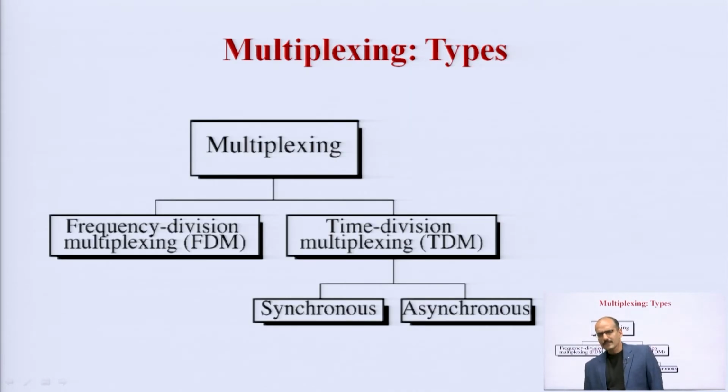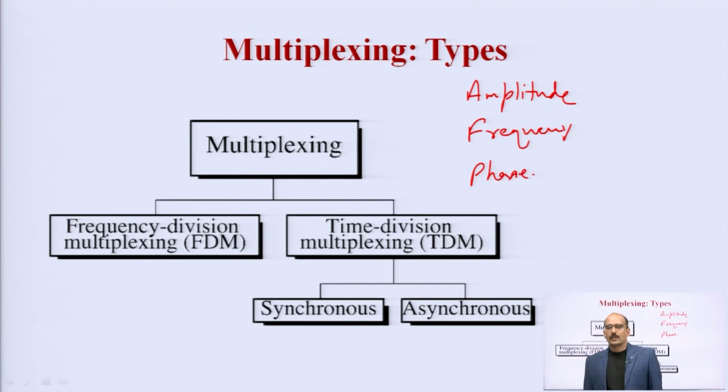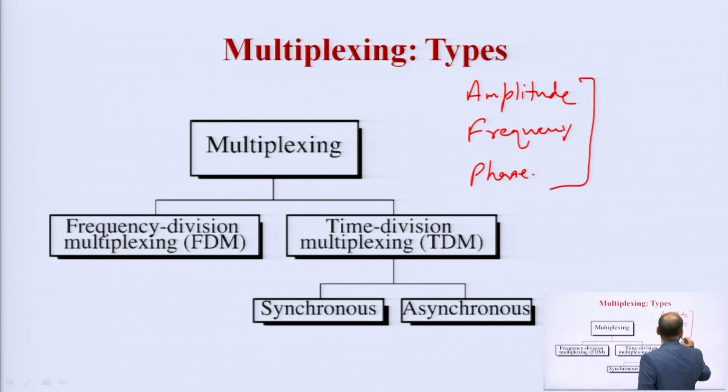Now, these are the types. When we are talking about a signal, any signal has three basic parameters: amplitude, frequency and phase. When we are talking about a channel, the channel basically has two things: frequency and time.